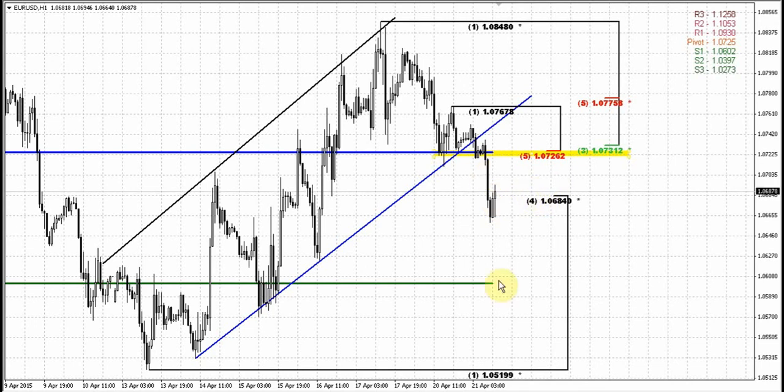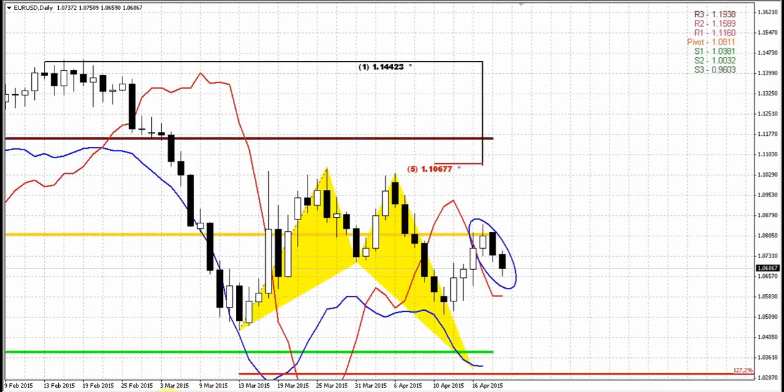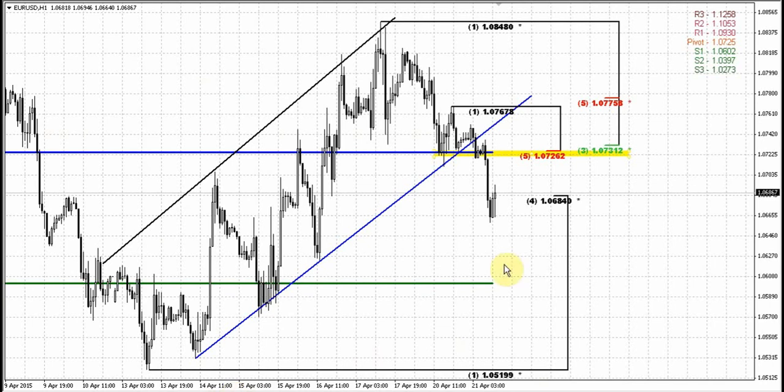Currently, the situation looks bearish on the euro currency, and for canceling this bearish scenario, mostly we need to take out this top if we talk about the daily chart time frame.